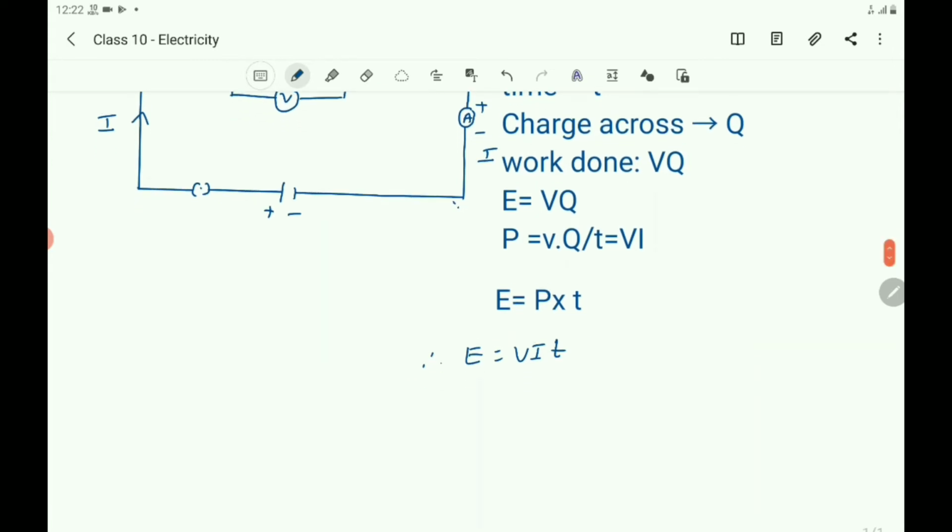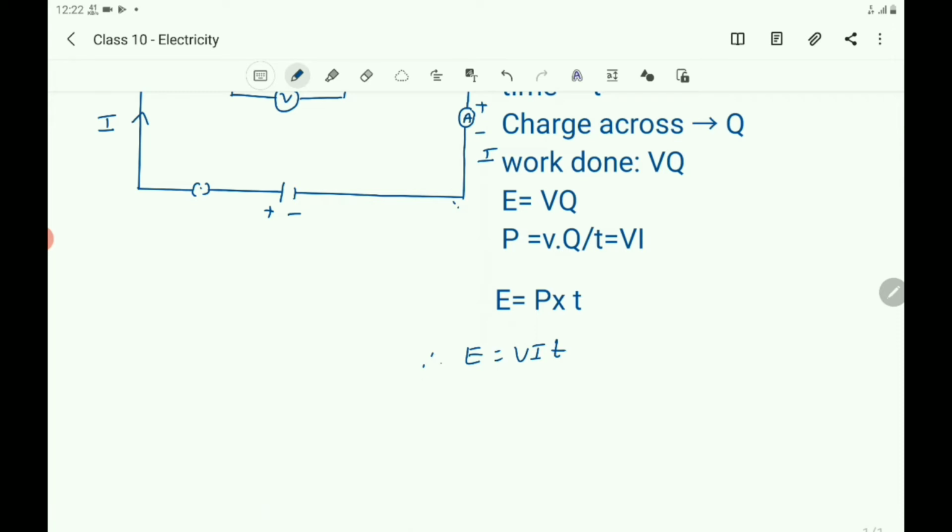And what happens to this energy expended by the source? This energy gets dissipated in the resistor as heat.